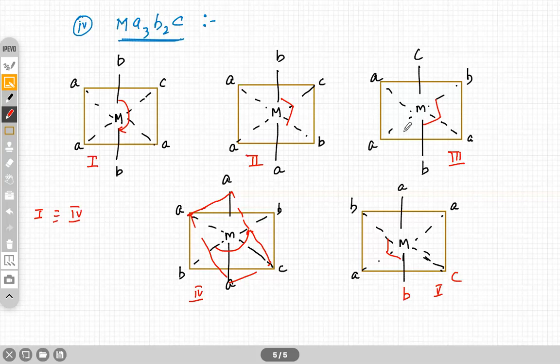What about second and third? Second and third are also different, but third and fifth are the same structure. Because you see, we can have 2A, B and C in a square like this.